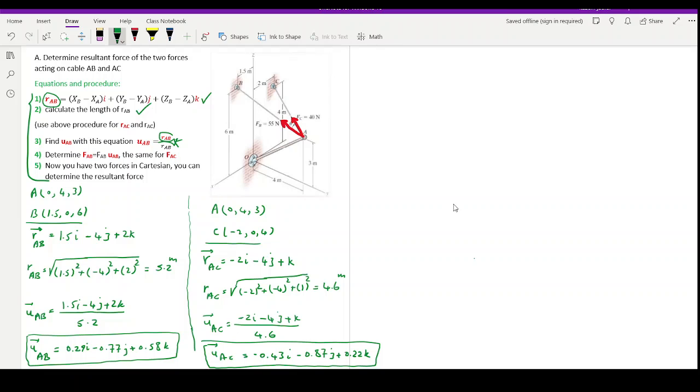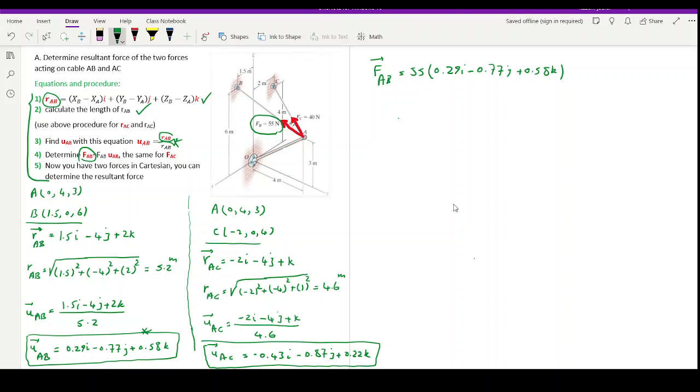Now I need to find each force in Cartesian by just multiplying the given magnitude by the unit vector that I determined. Now, FAB is going to be 55 times 0.29 i, negative 0.77 j, and 0.58 k.